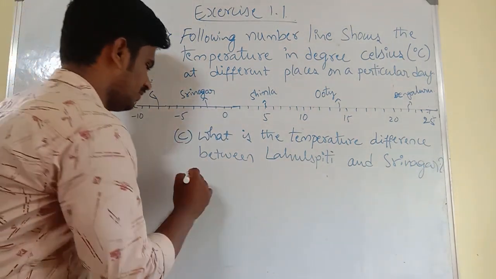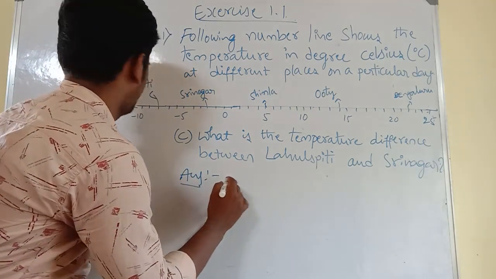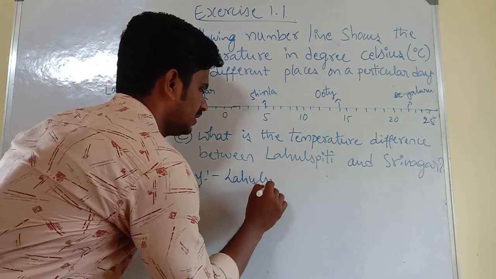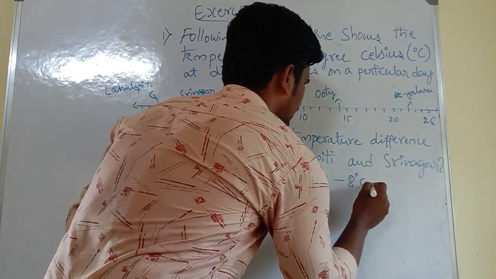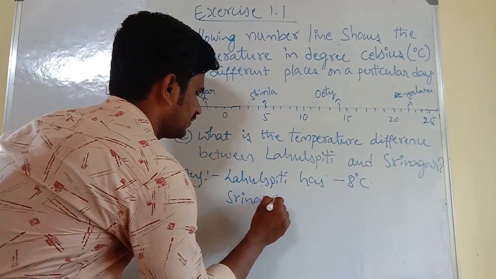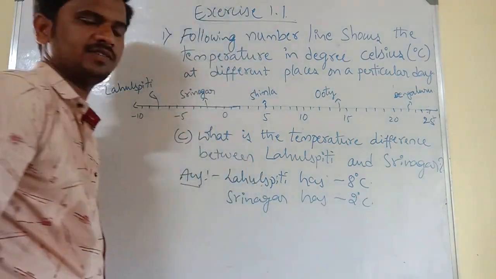So we have to write the temperature of Lahul Spiti. Lahul Spiti has minus 8 degrees Celsius and Srinagar has minus 2 degrees Celsius.